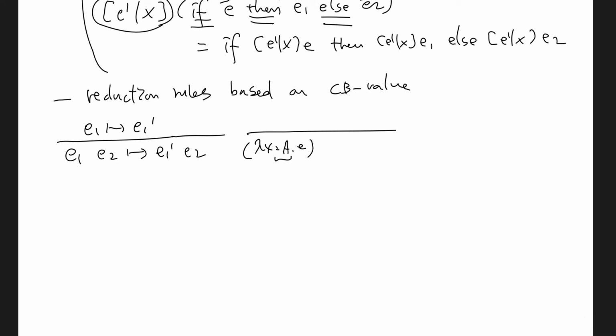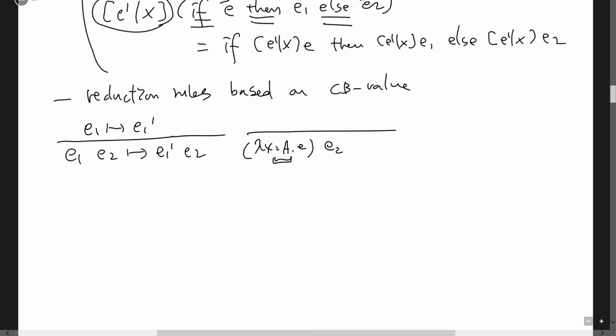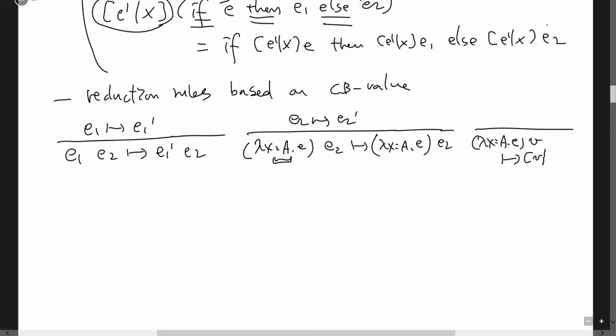But it doesn't matter because this type annotation does not interfere with the reduction. And if this argument E2 reduces to E2 prime, then we want to reduce the whole expression again. And finally, if we have a lambda abstraction applied to value v, we perform beta reduction. So you have value v for x in E.